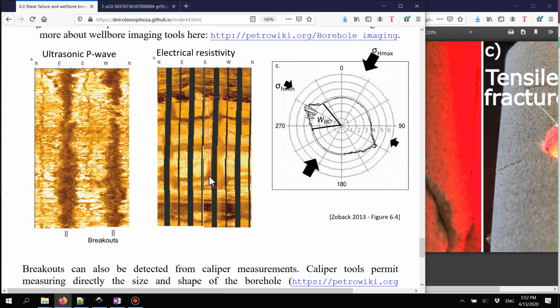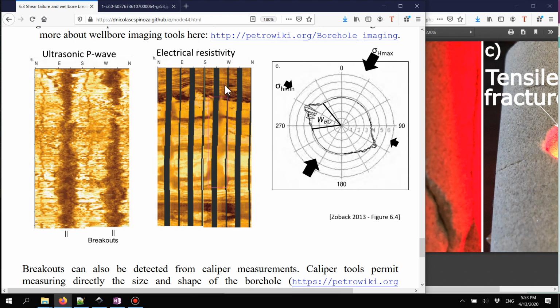But in this case, I hope that you can see that around this region we have a breakout. Those areas with darker color mean that the resistivity of the formation is higher, and that means that there is a breakout at that particular location. Where the image is brighter, that means that we have rock that has not failed.